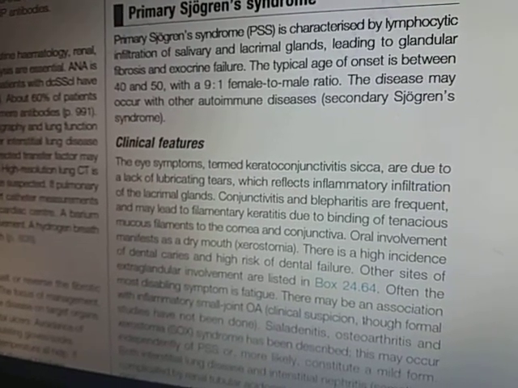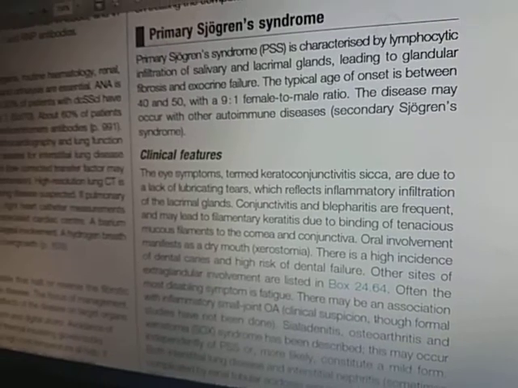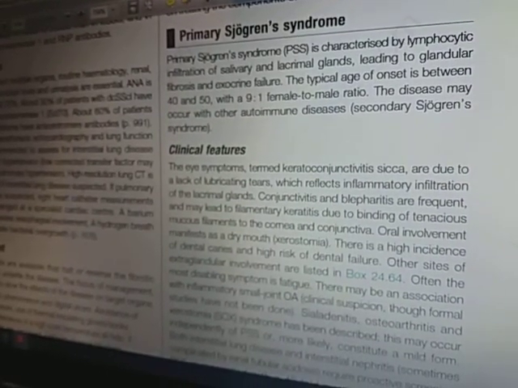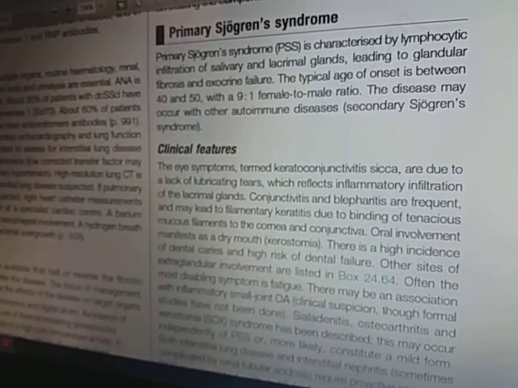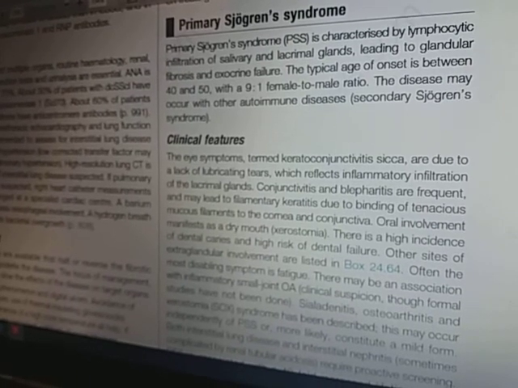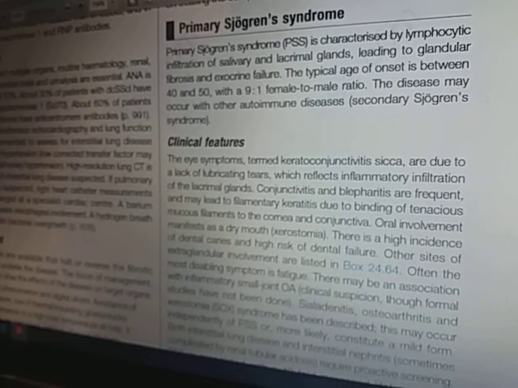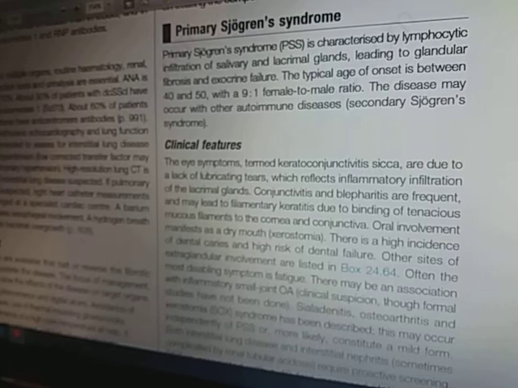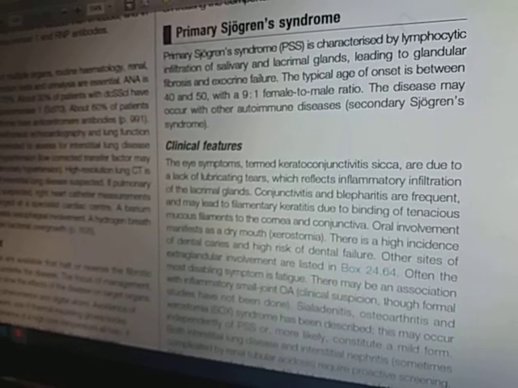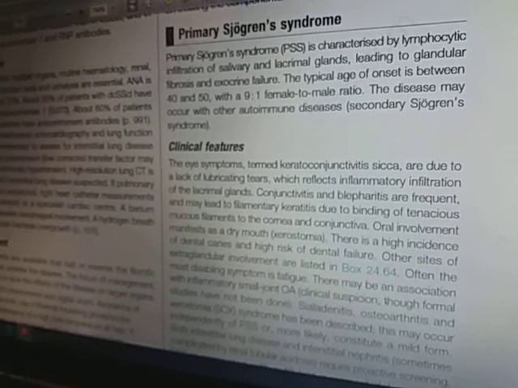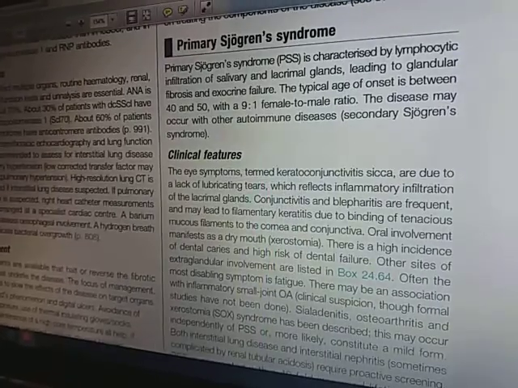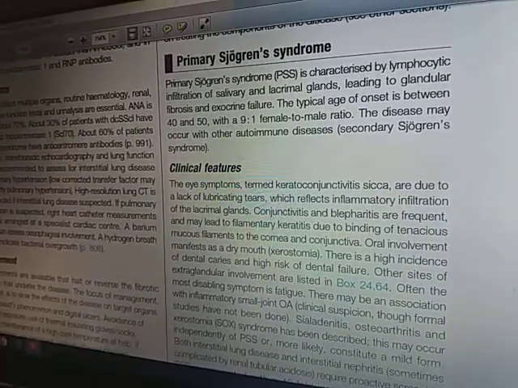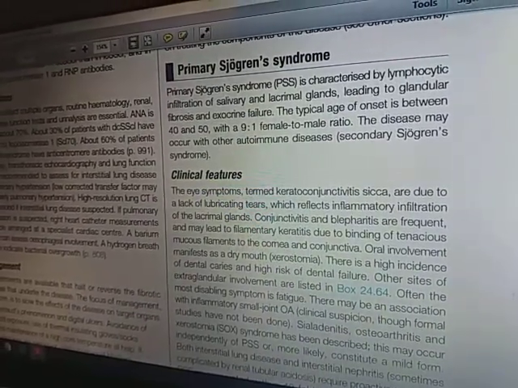Clinical features of Sjogren syndrome. One, eyes. The main symptoms are grittiness and soreness of the eyes due to reduction of lacrimal secretions, leading to conjunctivitis and even corneal erosions due to dryness of the eyes.